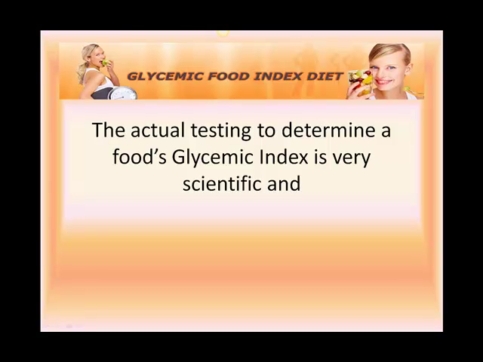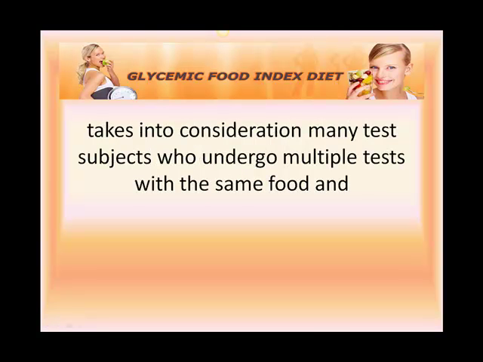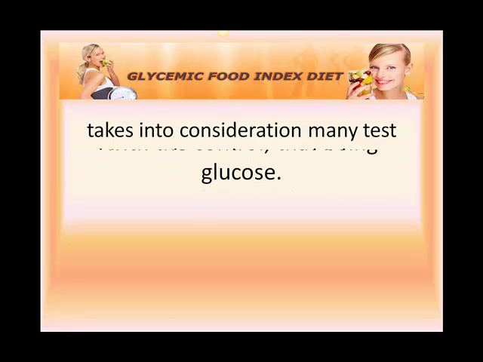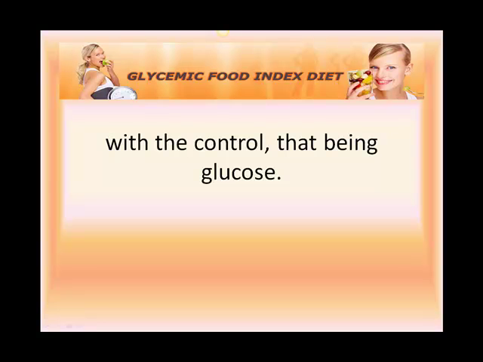The actual testing to determine a food's glycemic index is very scientific and takes into consideration many test subjects who undergo multiple tests with the same food and with the control, that being glucose.